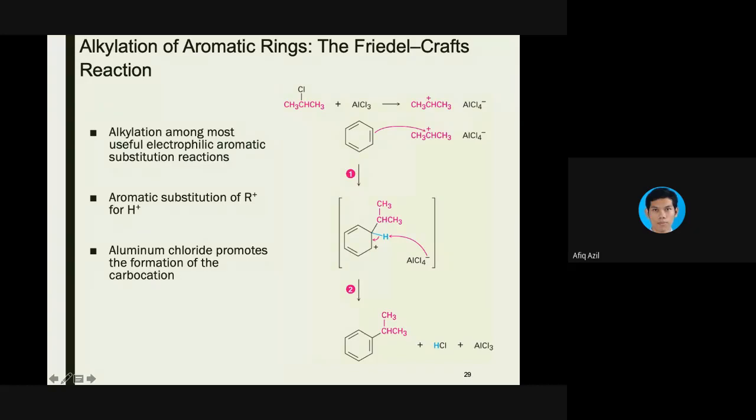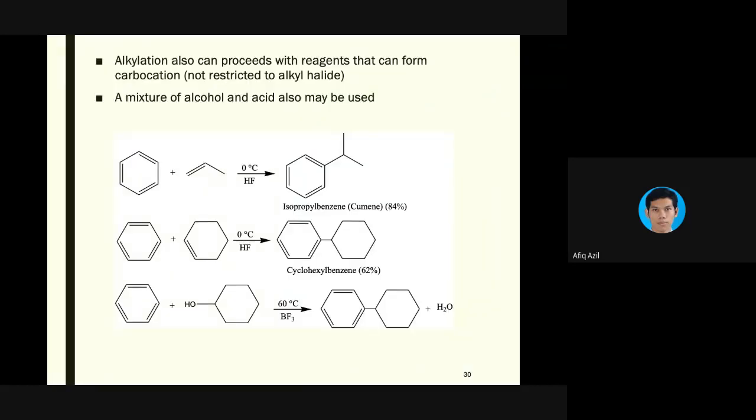So aluminium chloride promotes the formation of the carbocation. Alkylation can also proceed with reagents that can form a carbocation, so it doesn't necessarily have to be an alkyl halide. You may use other reagents as well, but you have to remember the reaction conditions would be different.